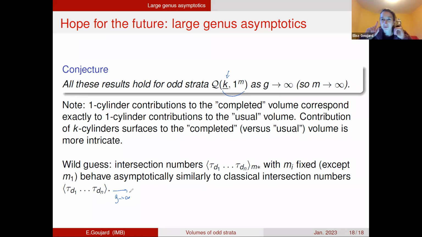And then you have a constraint on the lengths of the faces. This is really more complicated to deal with when you want to compute these asymptotics and this volume. But yeah.